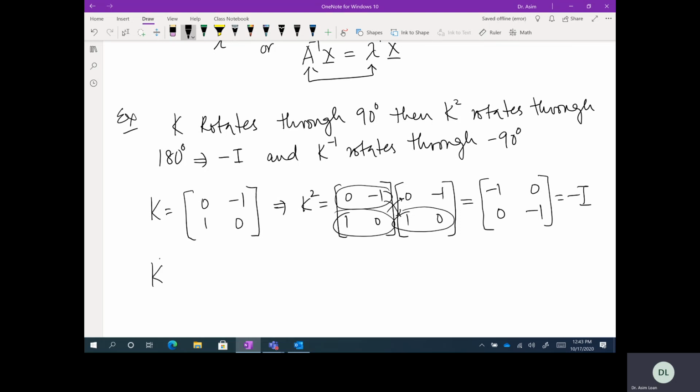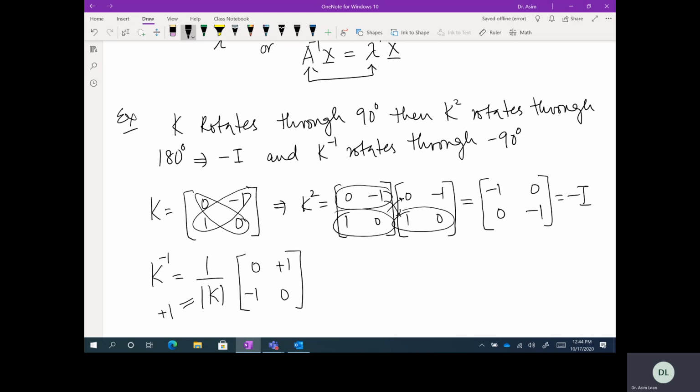And what is K inverse? So K inverse is 1 over the determinant of K times, I swap these two, doesn't make a difference, and I change the sign here. So this is plus 1 and this is minus 1. But what is the determinant of K? Determinant of K is 0 plus 1. This is plus 1.